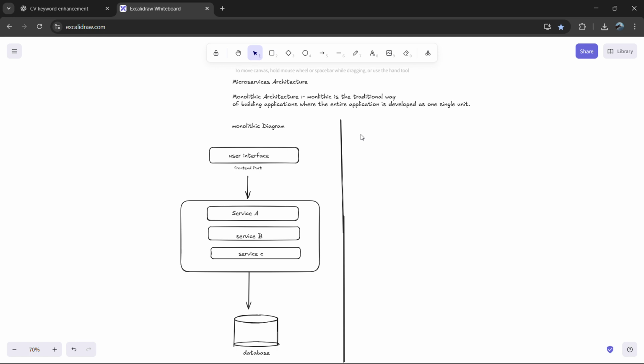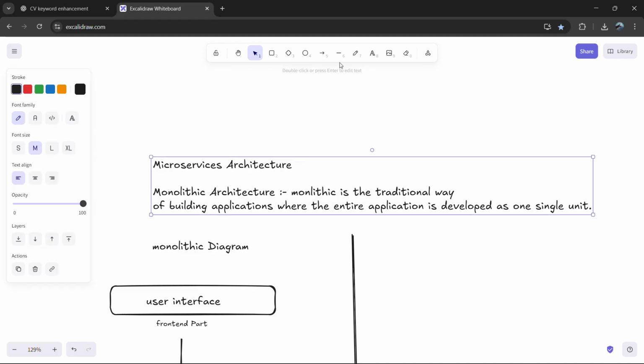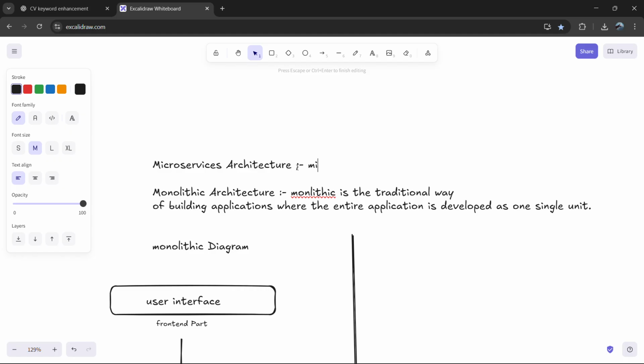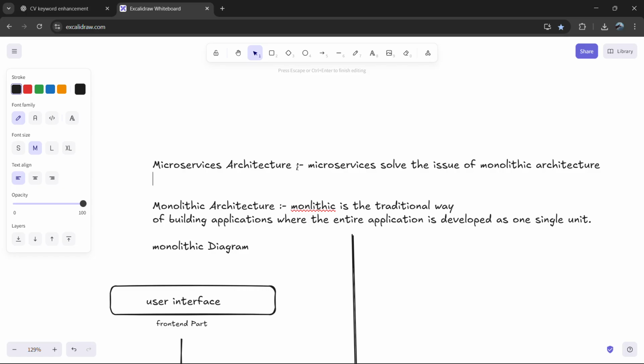So if you ask in short what microservice architecture is, we will say microservices solve the issues of monolithic architecture by breaking the application into small independent services.